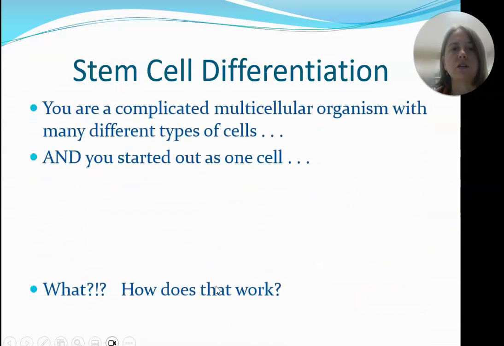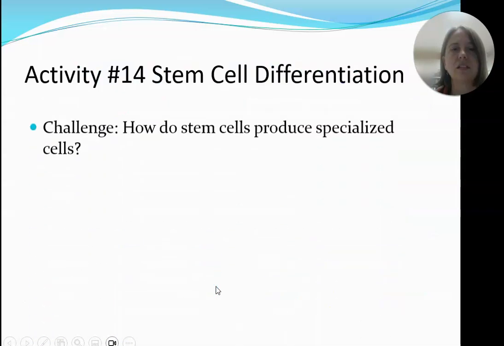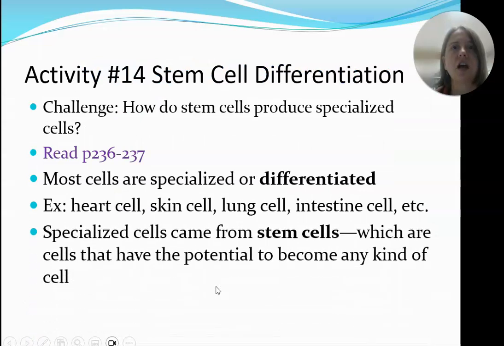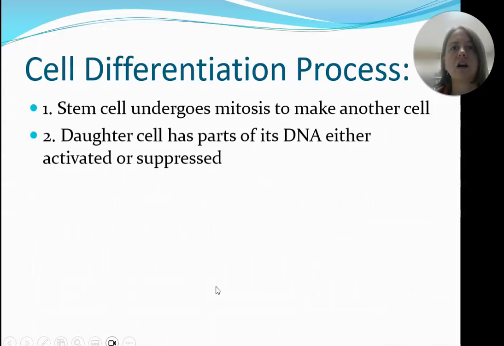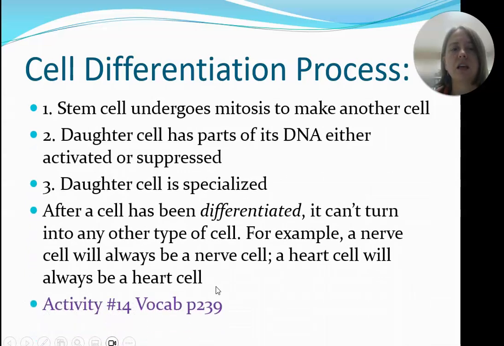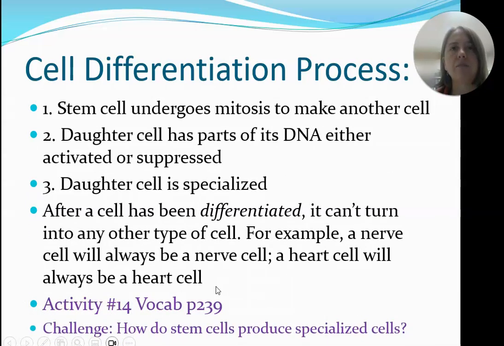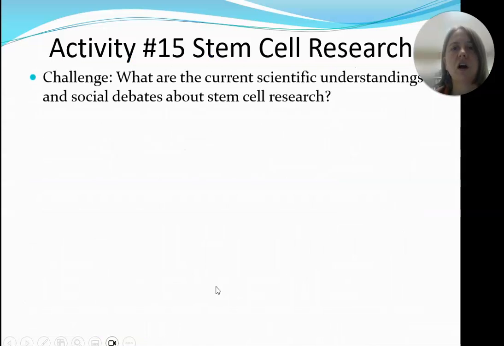We also learned about activity number 14 and stem cell differentiation, how some cells are stem cells and some cells are differentiated or specialized cells. We talked about how that happens, where in a specialized cell, some of the DNA gets turned on and some of the DNA gets turned off.